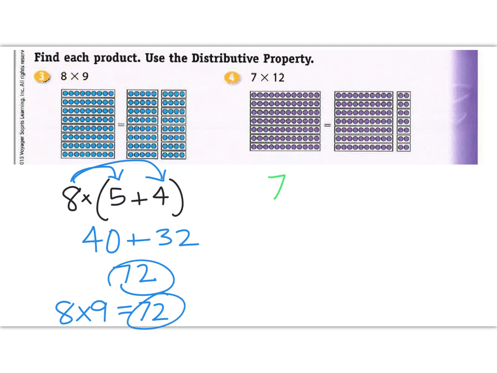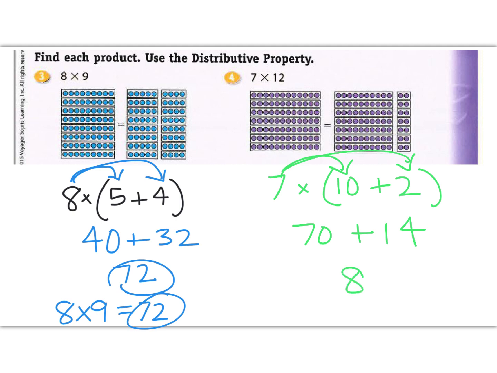If we do 7 times, and then in parentheses, 10 plus 2, might make it a little easier because we know tens pretty easily. 7 times 10 is 70, plus 7 times 2 is 14. 70 plus 14 is 84. So that makes it a little bit quicker to solve that problem if you use the distributive property.